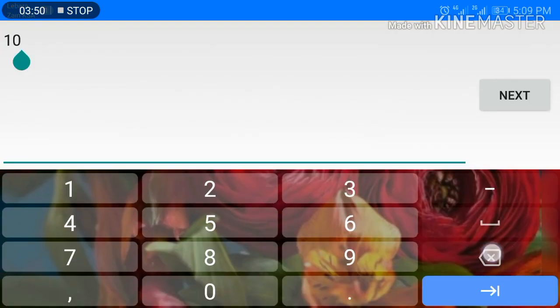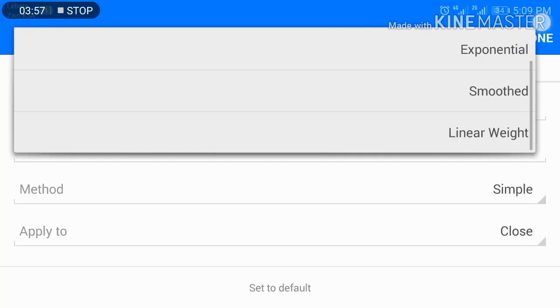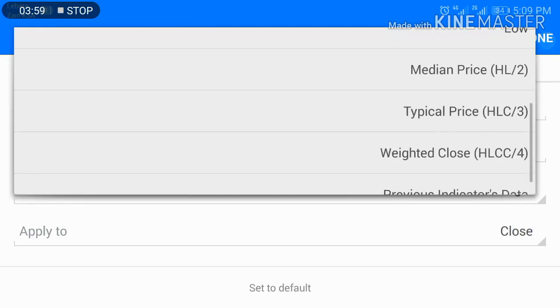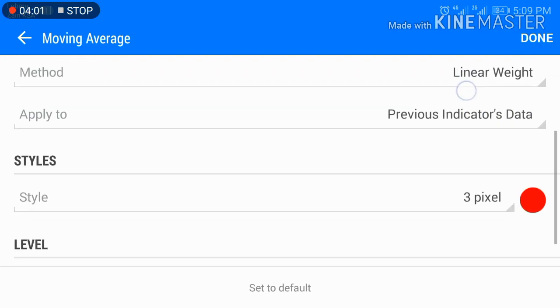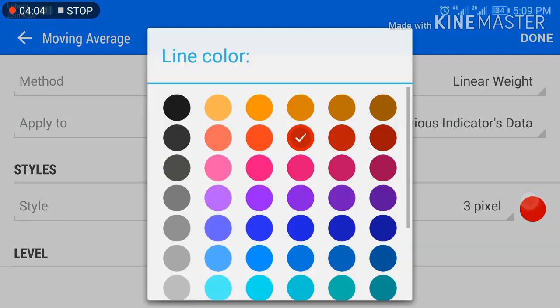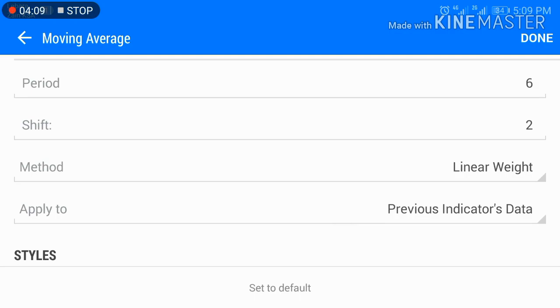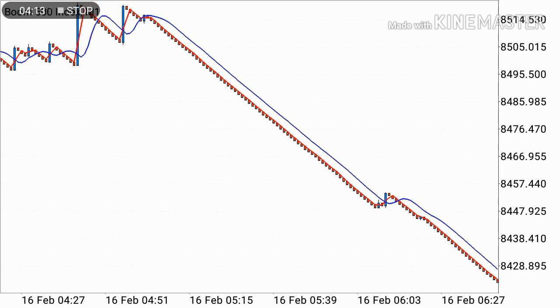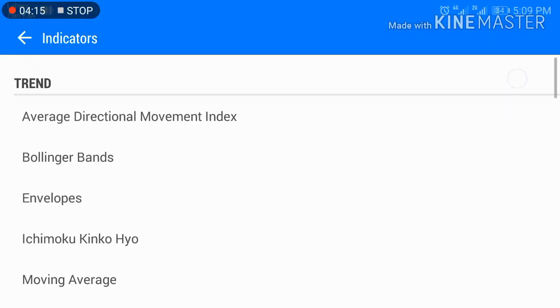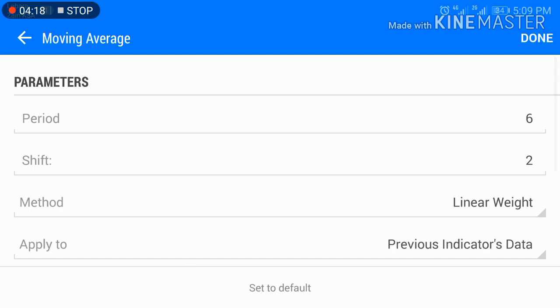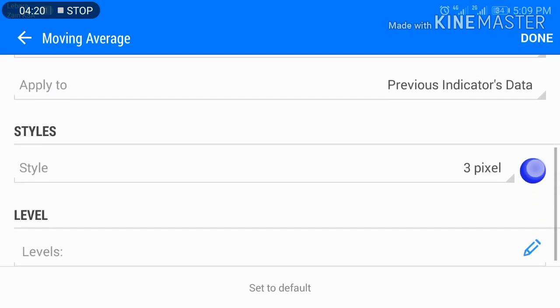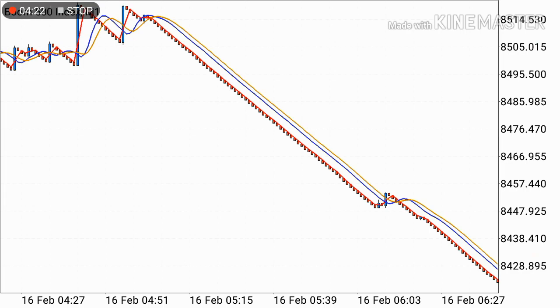Let me repeat: period 6 and shift 2, linear weighted, apply to previous indicator's data, 3 pixel and color. Let's see again: period 6, shift 2, linear weighted, and done. Once more, add a moving average, again 6, leave all settings the same, just change the color, and done.